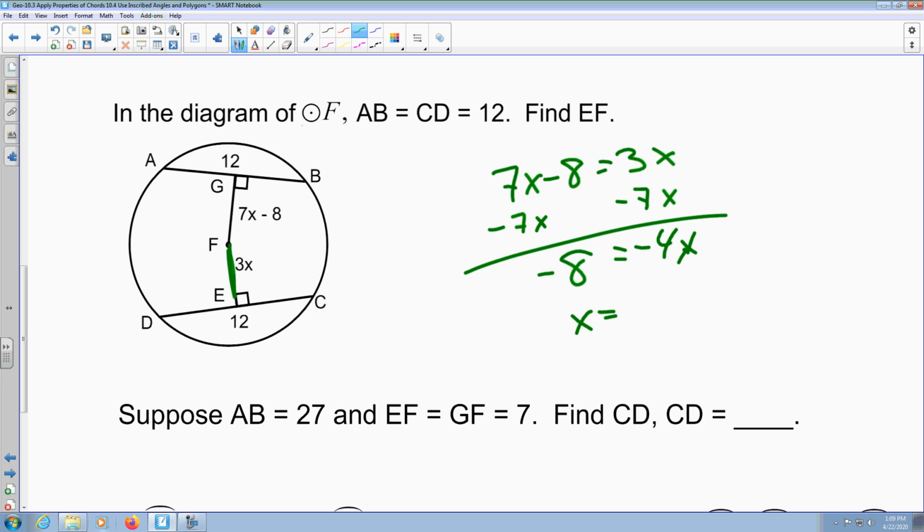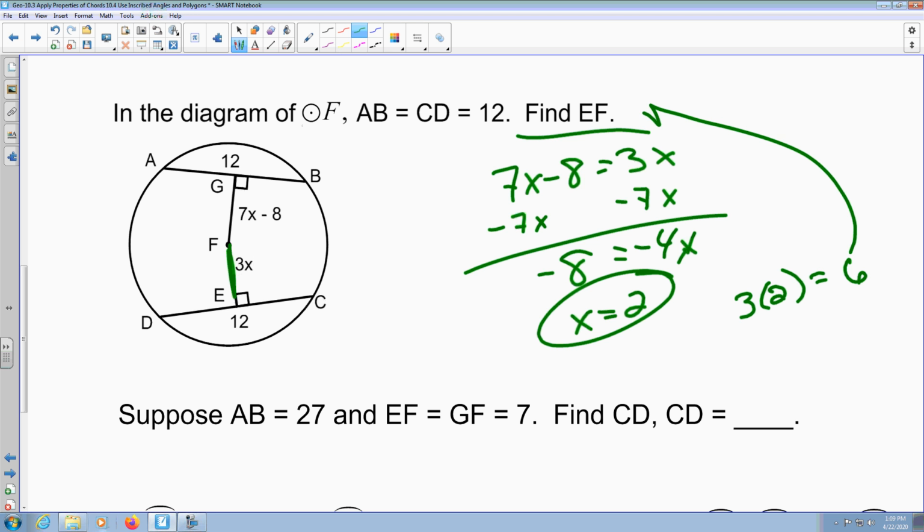And x is going to be equal to 2, but that's not what they're asking. They want you to find EF. So EF is going to be 3 times 2, which equals 6. So EF is a value of 6.